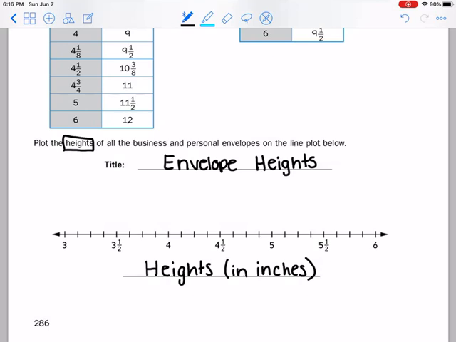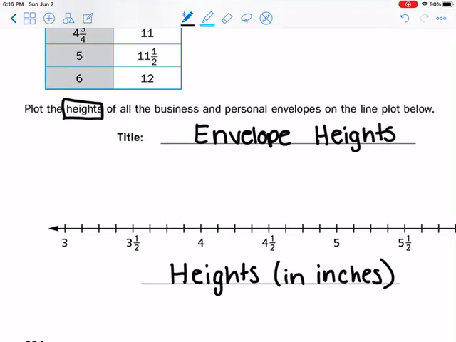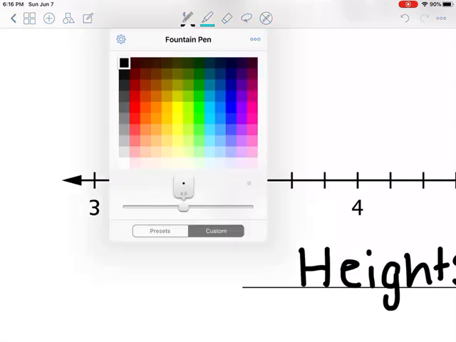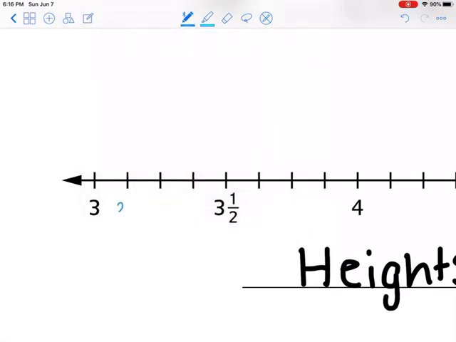Okay, you'll notice those tick marks don't have any value to them, but remember they told us it's 1/8 of an inch. So this would be, let me actually make my pen a different color so you guys will be able to see it, and I'll make it really thin.